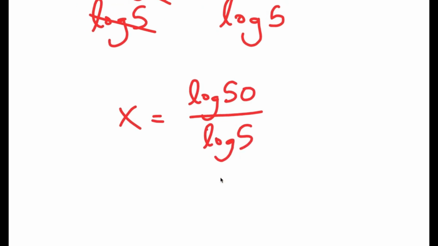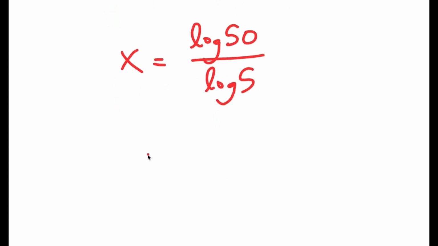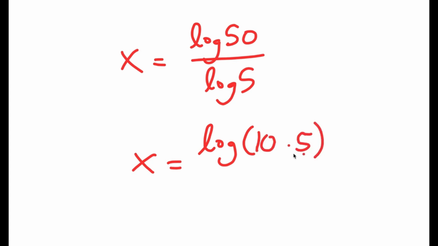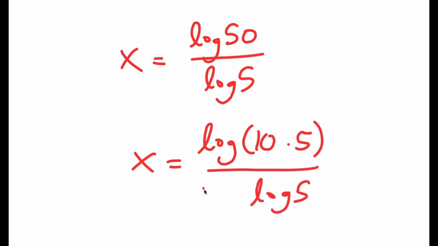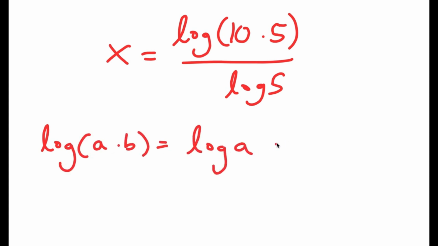And now, let's simplify this a little to get the exact decimal value. So log 50 is the same thing as log of 10 times 5. And another property of logarithms is that if I have something in the form log of a times b, this is equal to log a plus log b.